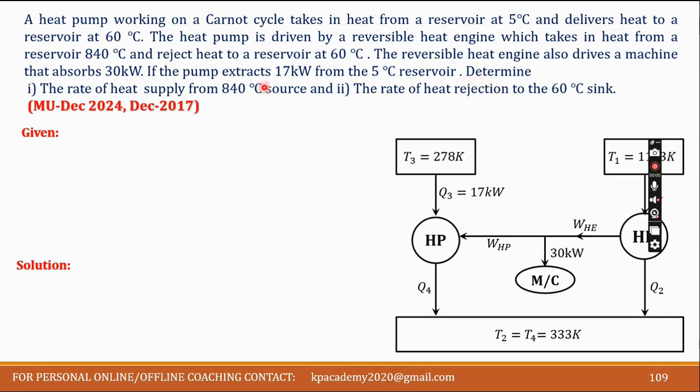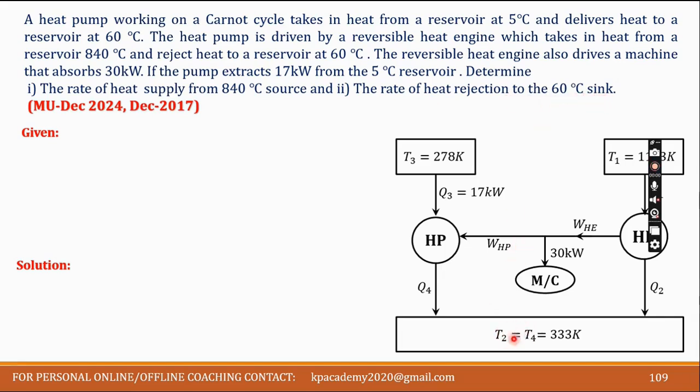We have to determine the rate of heat supply from the 840 degrees Celsius source, so how much amount of Q1 is supplied to the heat engine from the source. Next is the rate of heat rejection to the 60 degrees Celsius sink.